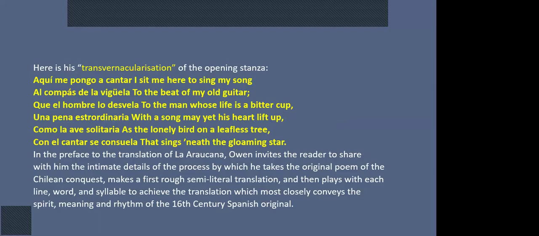So in transvernacularization, in an opening stanza, we have an example here. Aquí me pongo a cantar.